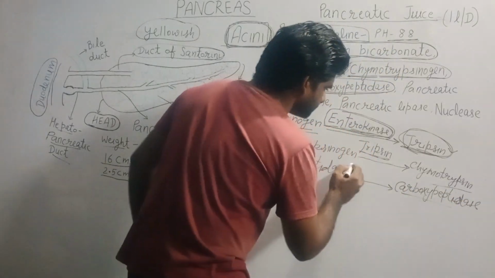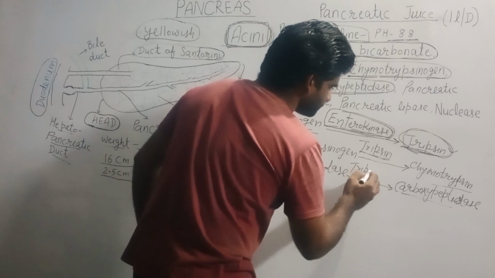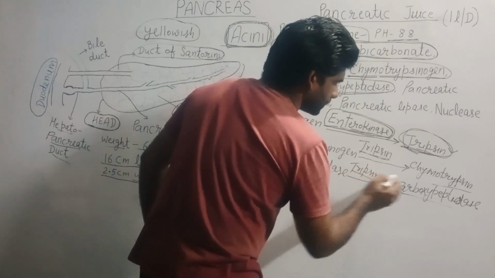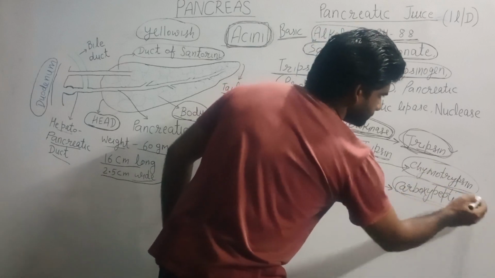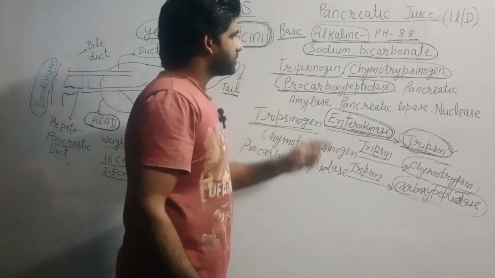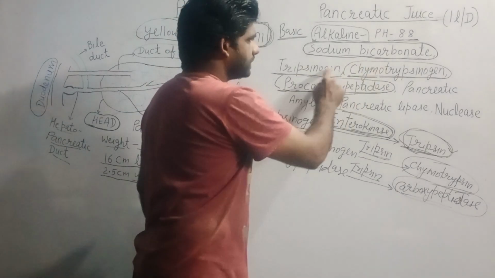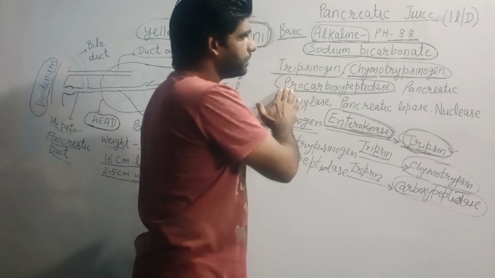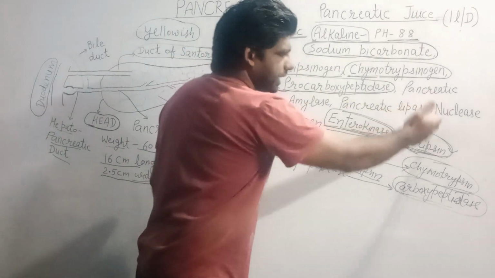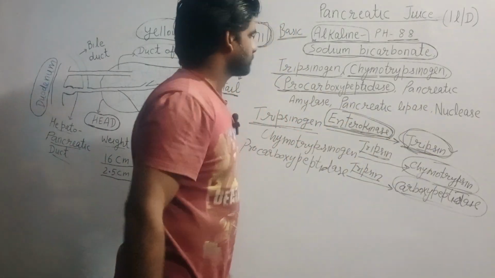These are the active forms. So it is all about three proenzymes. These are three proenzymes which are secreted in their inactive form. Later they are converted into their active form by special enzymes.